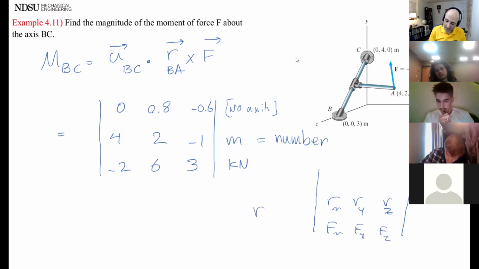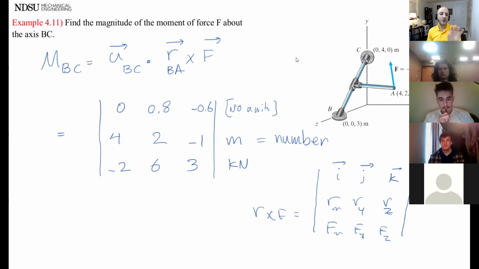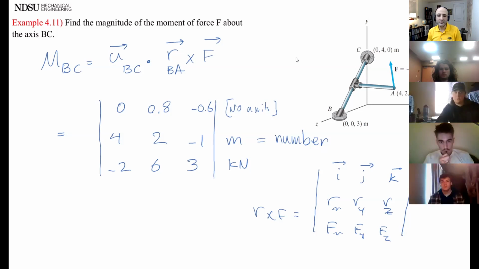This is for R cross F, right? So I put I, J, and K on there. Can someone explain to me what IJK means when I put it in that matrix, now that you know the unit vector of an axis goes up on top? Wouldn't that put the answer in Cartesian form? Okay, which means what?